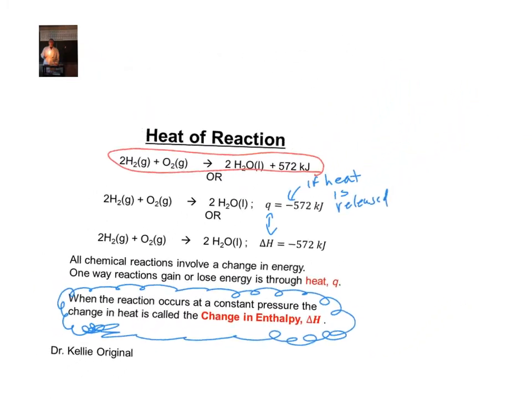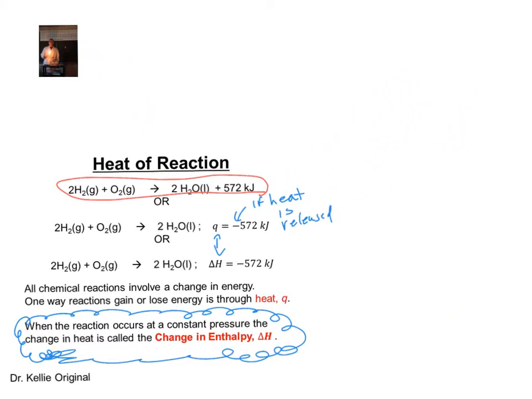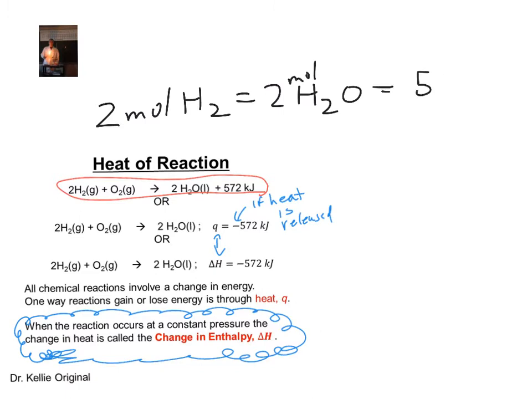Well, you're already happy with saying that if I react 2 moles of hydrogen gas, then I can produce 2 moles of water. Well, that heat now joins the party. So I can say if I react 2 moles of hydrogen, I can produce 572 kilojoules of energy.